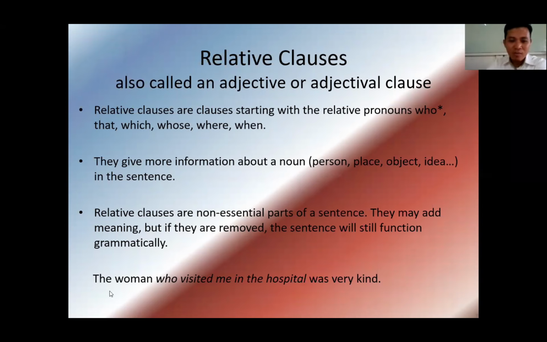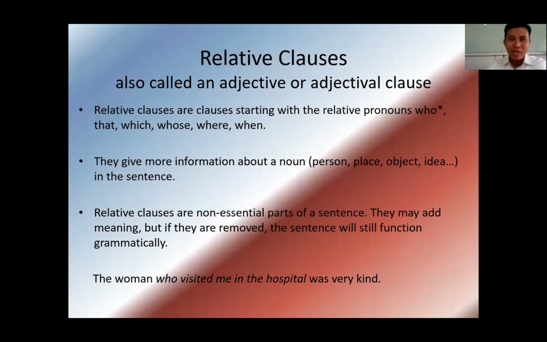So the woman who visited me in the hospital was very kind. Who visited me in the hospital is extra information. The sentence is: the woman was very kind. Which woman? People might be wondering, which woman do you mean? There are millions of women.